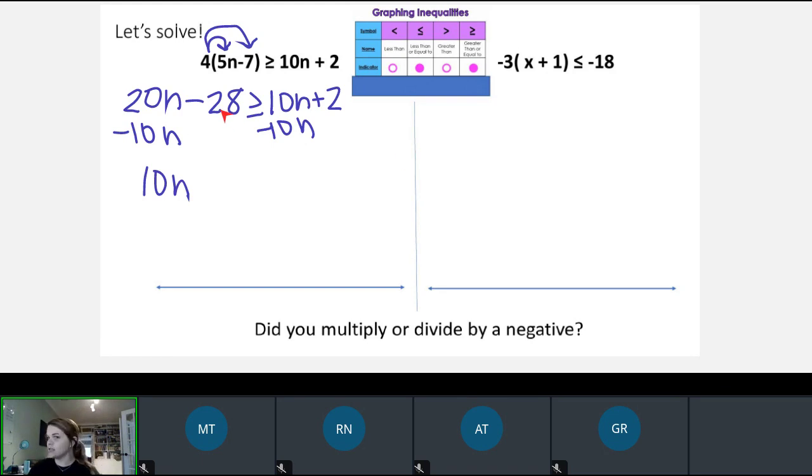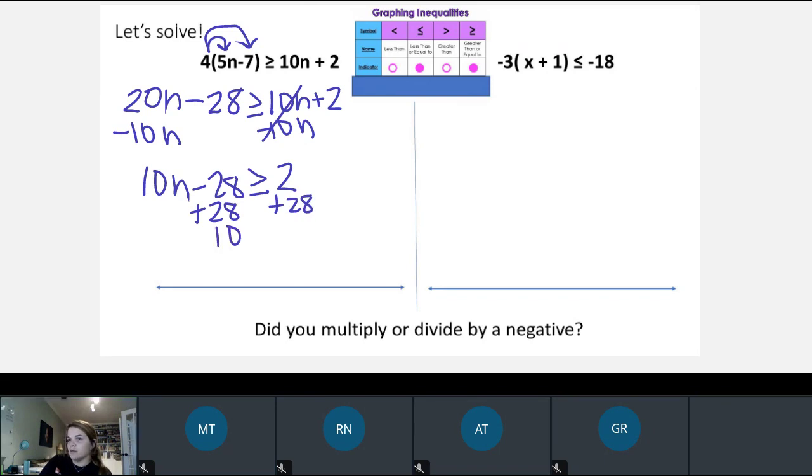So I can't take 10 n's from something that doesn't have any. All right, so I've got 10n minus 28 is greater than or equal to 2. Now I'm going to add 28 to both sides. So I get 10n is greater than or equal to 30.